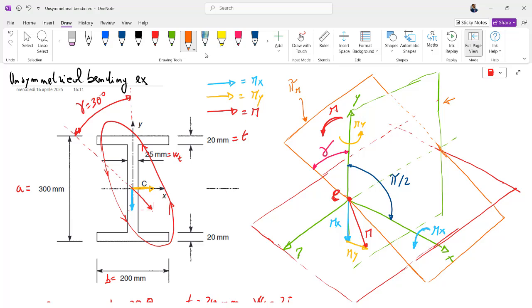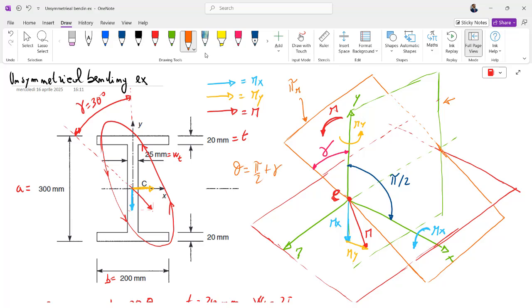But the vertical plane clearly has an inclination with respect to the x-axis of pi over 2, that is 90 degrees. So the total angle theta that we studied in the previous lectures is equal to pi over 2 plus gamma.